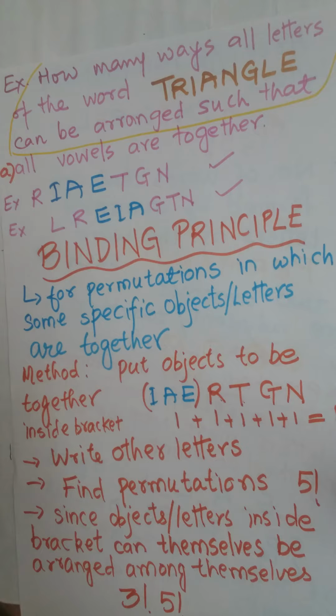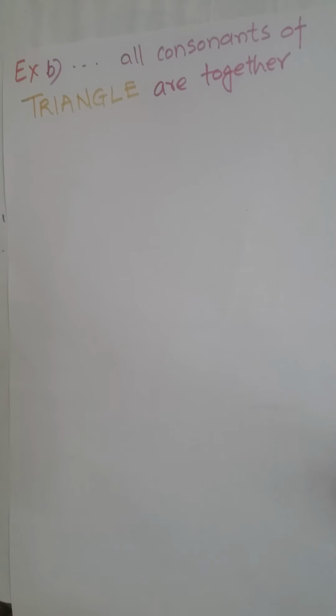How will we do that? So the second part is all consonants of the word triangle are together. How will we do this? Yes, again we have to use binding. So what are the consonants here? They are T, R, N, G, L. So they must be together.